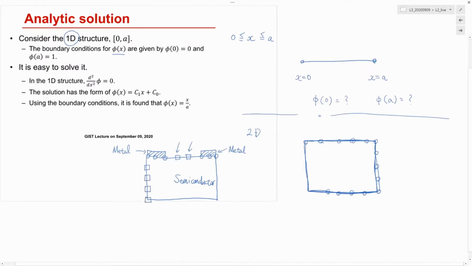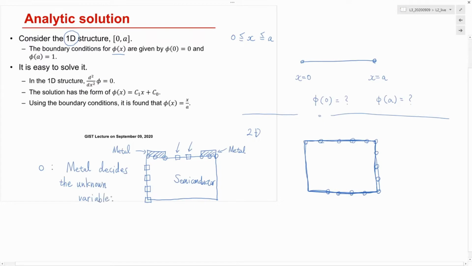Okay. Therefore, we have to introduce two different types of boundary conditions. For example, this circle point. In this case, metal decides the unknown variable.